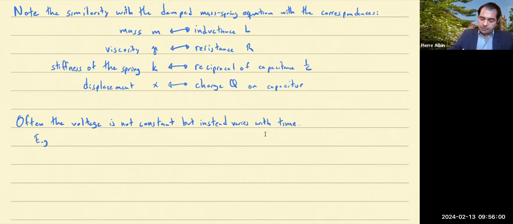For example, the voltage from a wall outlet in your home is given by a sine curve.